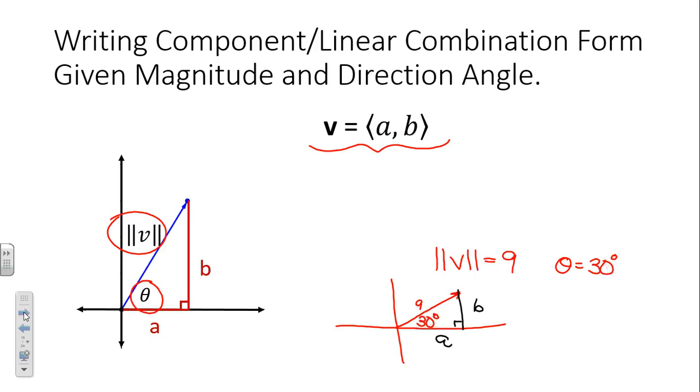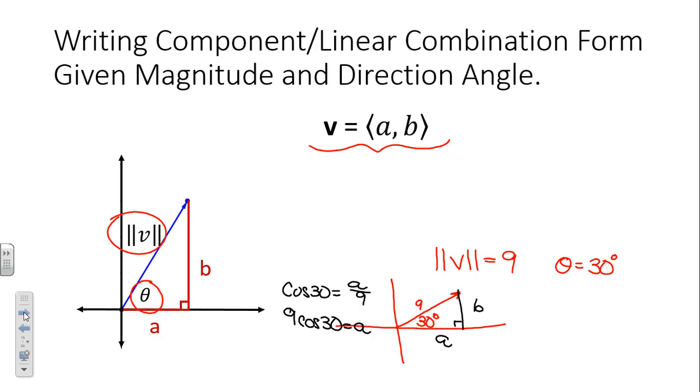We have a hypotenuse. So if I want to figure out what A is, I'm going to use the adjacent over hypotenuse, the CAH of SOHCAHTOA. So the cosine of 30 is the adjacent over the hypotenuse. So how would we solve that for A? Yeah, multiply by 9. So 9 times the cosine of 30 would be equal to A.